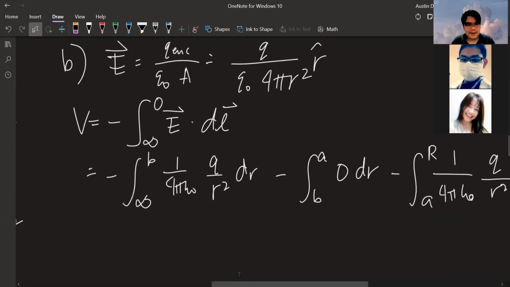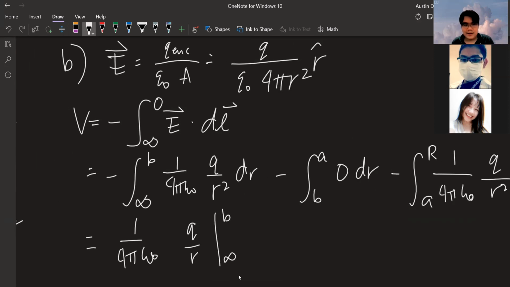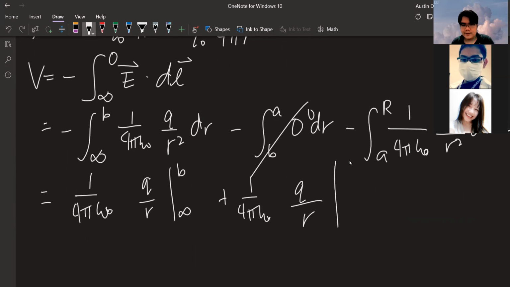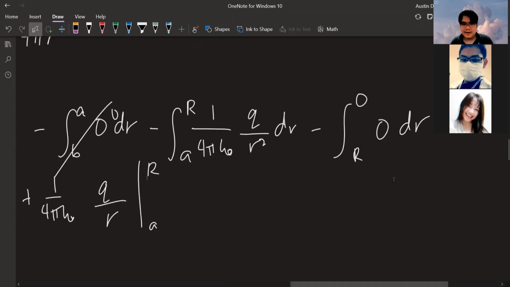And then we evaluate. This is 1 over 4 pi epsilon naught Q over r. Tama? Q over r evaluated at infinity, this is 0. Then I'll add this. Magiging plus siya dahil pag integrate mo 1 over 4 pi epsilon naught Q over r evaluated from A to r. Then this is 0 again.